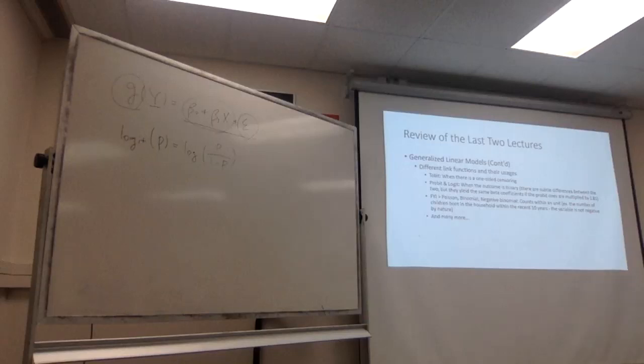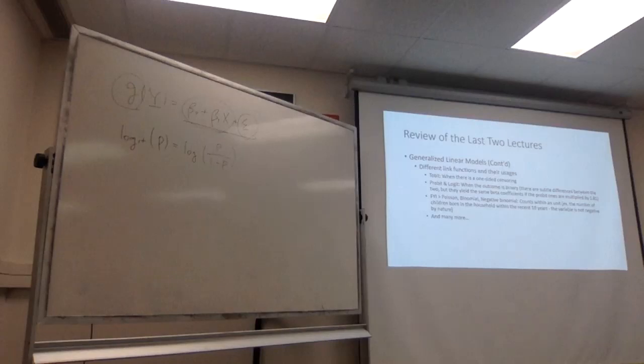All right. Okay. There are other link functions such as Poisson, binomial and negative binomial. They speak to the situation where the dependent variable is a count variable. So, for example, the number of children born in the household within the recent 10 years, or the number of typos in a book, or the number of people who get into the elevator in 1 hour.